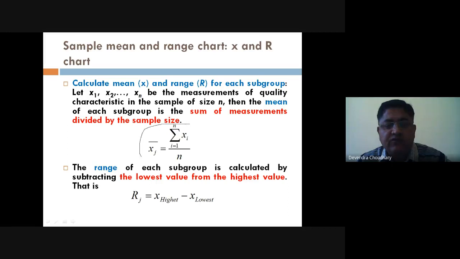It will give you the mean of the subgroup. On the other hand, the range of each subgroup is calculated by subtracting the lowest value from the highest value. So maximum value minus minimum value gives us the range for that particular subgroup.